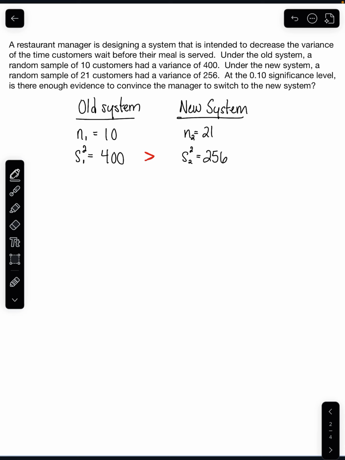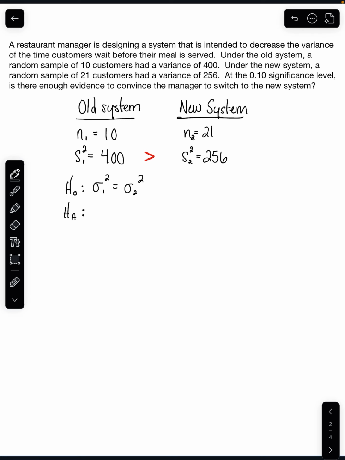Now, our hypotheses are going to be very much like they have been for comparing two variances or two proportions or two means. Our hypotheses are going to include a statement of equality between the two, and a statement that they are not equal that will also indicate which test we have here.